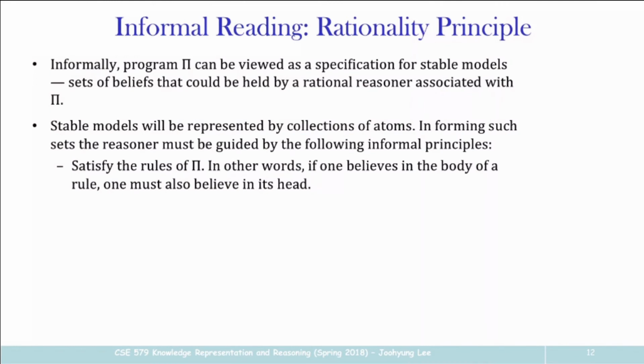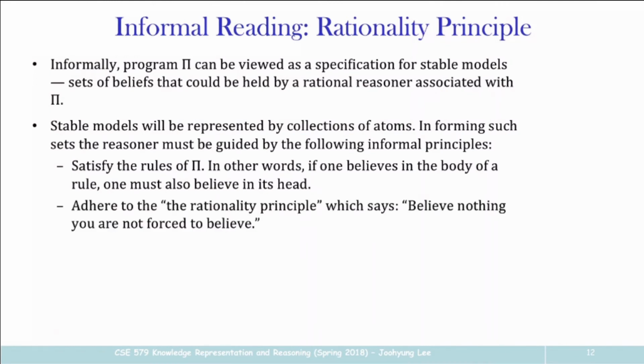Another thing is minimality. In classical logic, if the body is false, the head can be either true or false. But here, if the body is false, then you don't have to include the head, you shouldn't include the head because of that rule. So it's a rational principle which says believe nothing unless you're forced to.